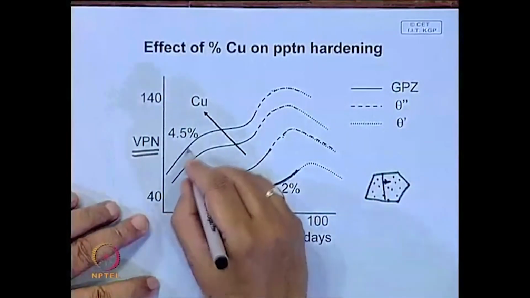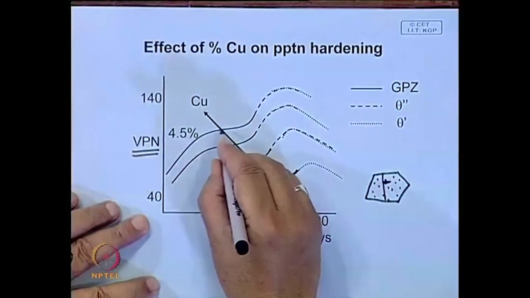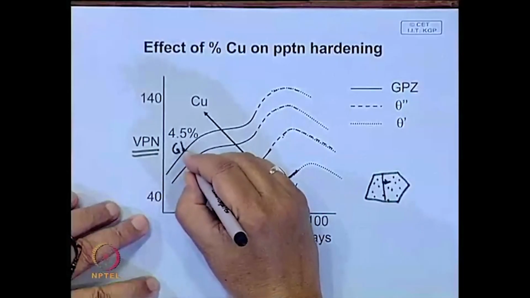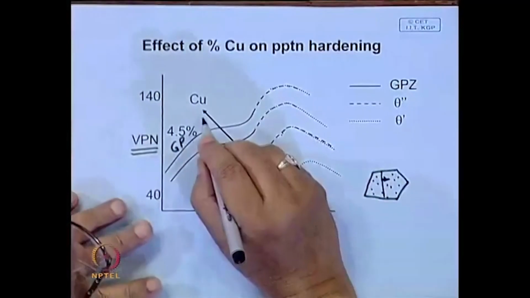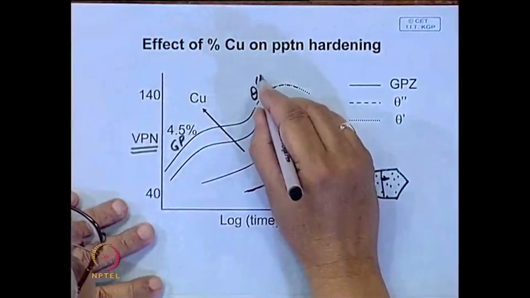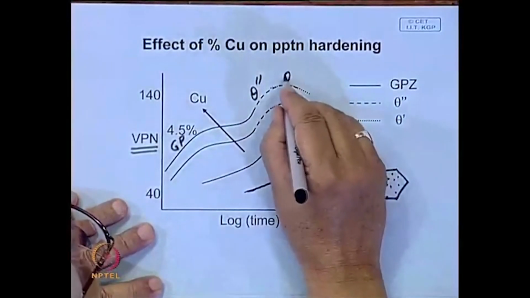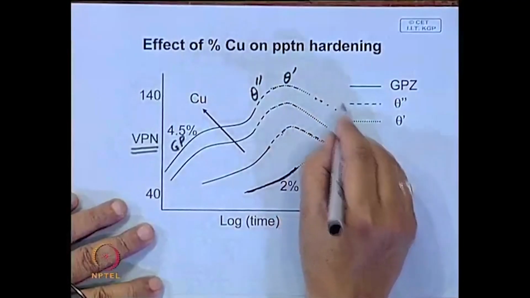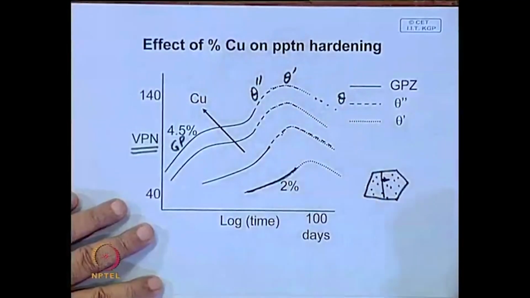Similarly, if you have 4.5% copper, possibly you will see this is where you will have GP zone, this is theta double prime, then theta prime, and subsequently when it overages this side it will become theta.